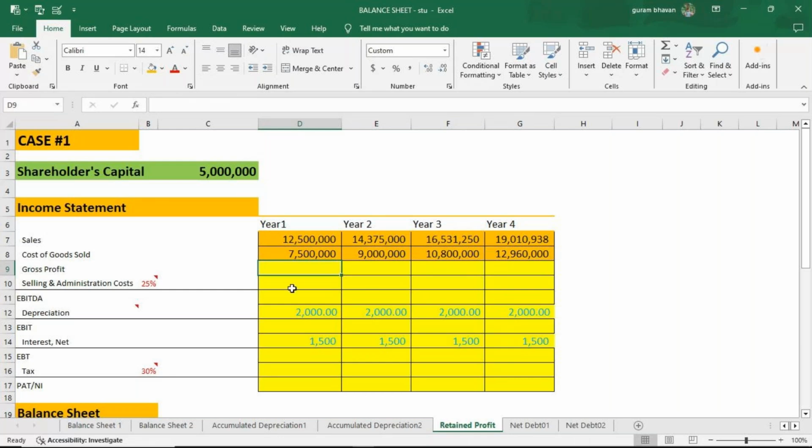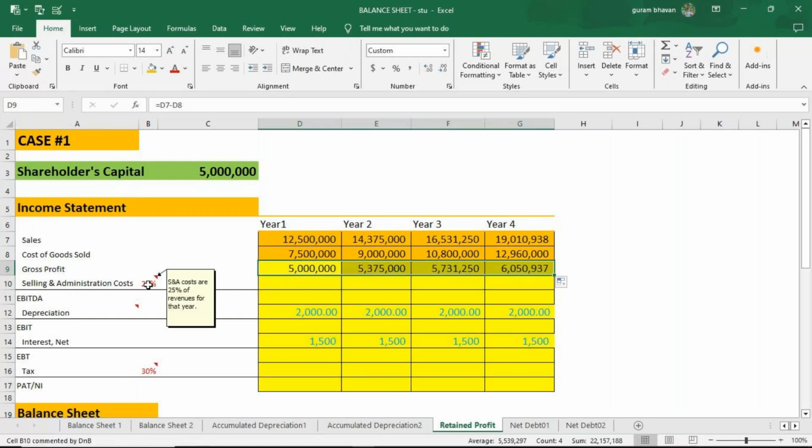So now I want to calculate the gross profit. Gross profit will be sales minus COGS. Okay, so I'll come here and drag it. Now selling and administration costs, what they are telling is that they are 25% of revenue for that year.